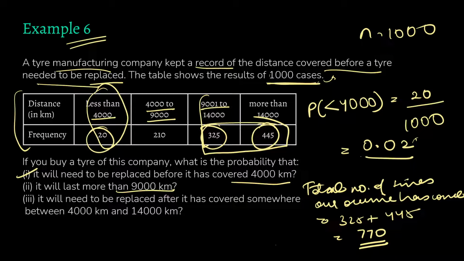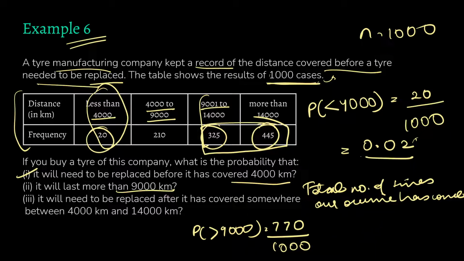And now what you have to do is get the probability of greater than 9,000. We have to do 770, that is the number of times our outcome has come, divided by the number of trials. As you can calculate from here, it is 0.77. So this is our probability that the tire will run for more than 9,000 kilometers.